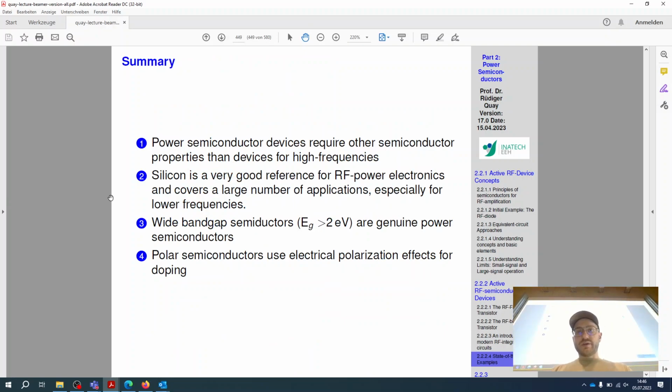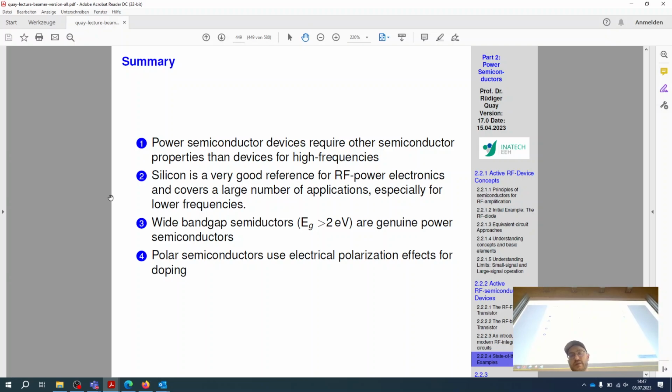Power semiconductor devices require semiconductor properties that operate at high frequency. Silicon is a good reference because silicon was developed over a large time, and I think the endeavors with silicon carbide and so forth aided the application of silicon in the large bandgap world, in the application via silicon carbide for devices that have a lot of output power, until 4 gigahertz or so can be used.